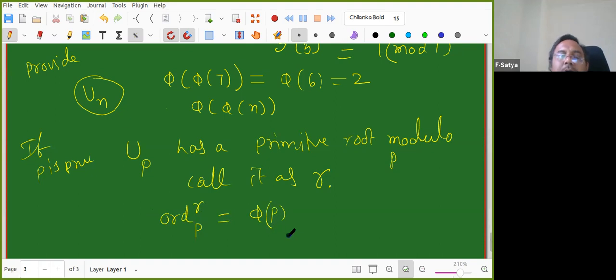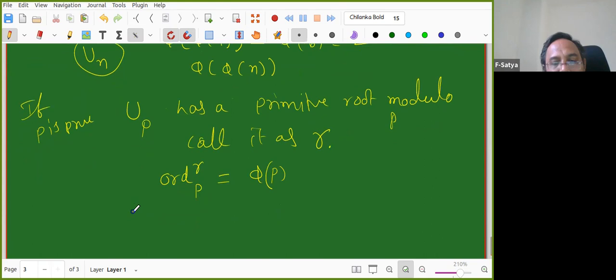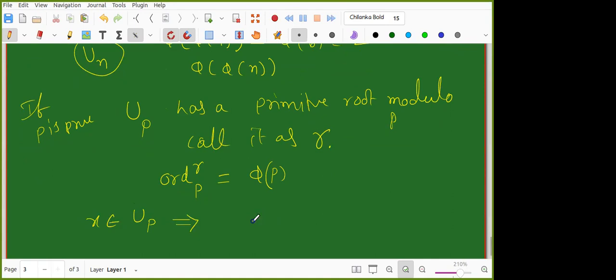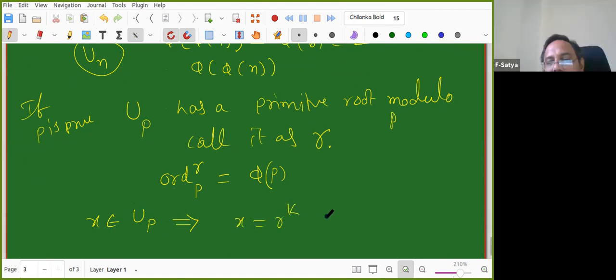Thank you. Okay. What is another way to say it? In U_p, x belonging to U_p implies what happens? That x is of the form r to the power k. Very good, wonderful. I write it out because online, if no one says it like this, then it is difficult.